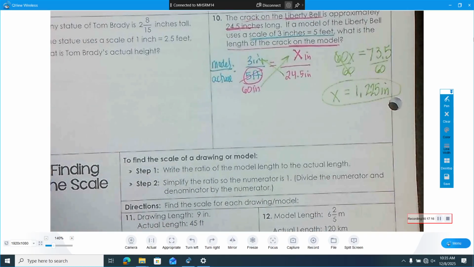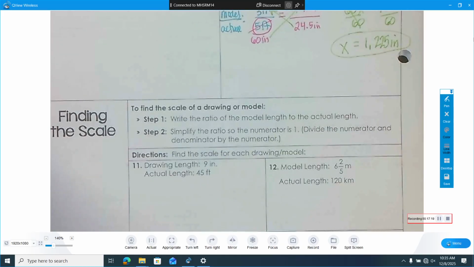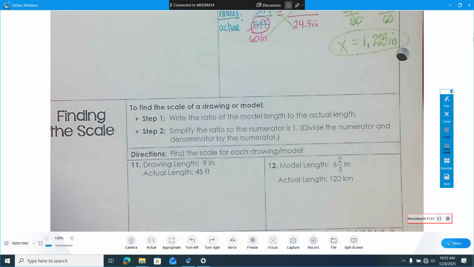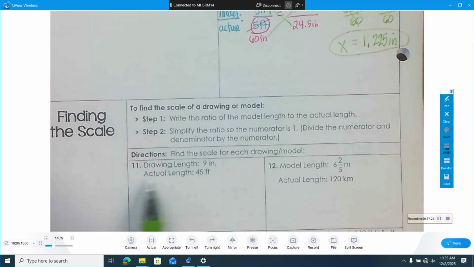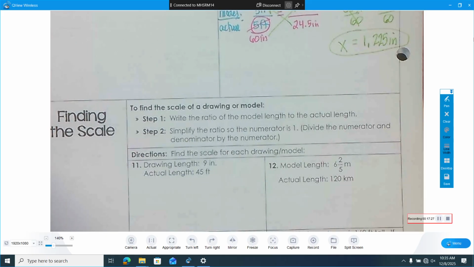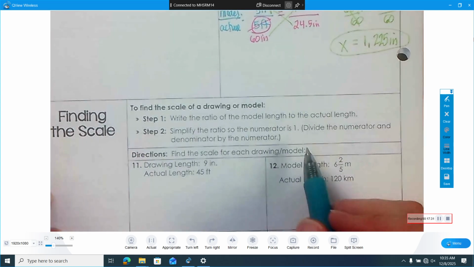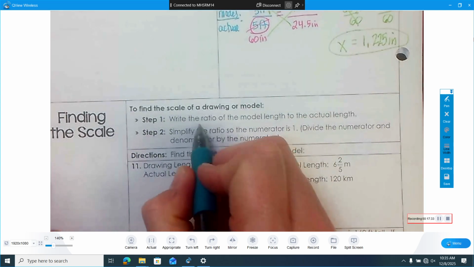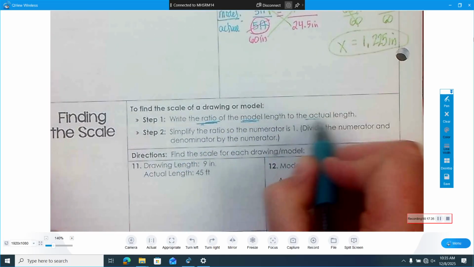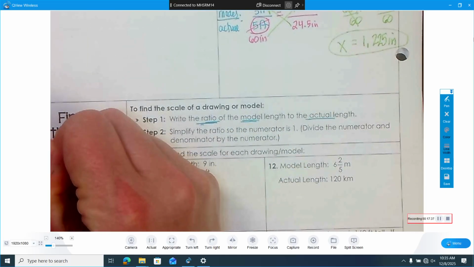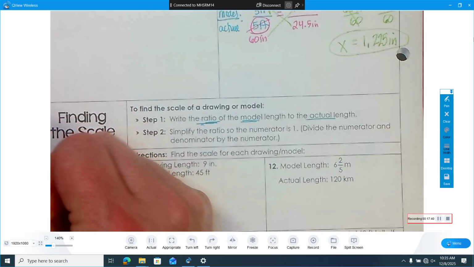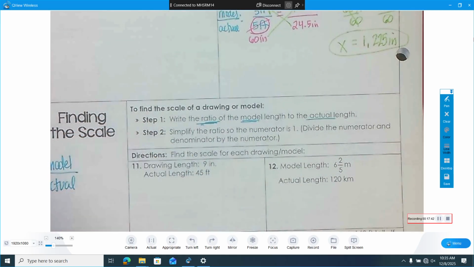One more thing that we might want to know how to do is actually find the scale. If we're given a drawing length and an actual length, we want to find the scale that the drawing is being used in. And we can do this pretty easily. We're going to write the ratio of the model to the actual, which is sort of what we've been doing this whole time.